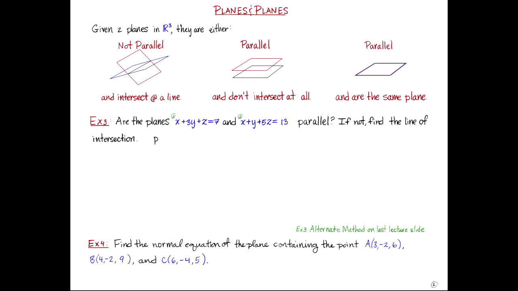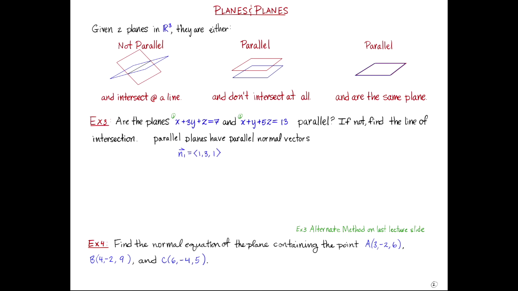We know that parallel planes have parallel normal vectors. Checking to see if these two planes have parallel normal vectors, the normal vector of our first plane is 1, 3, 1.